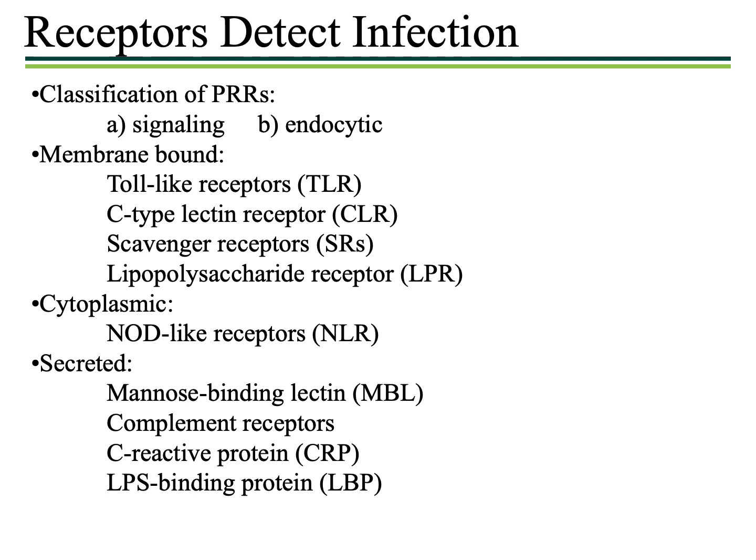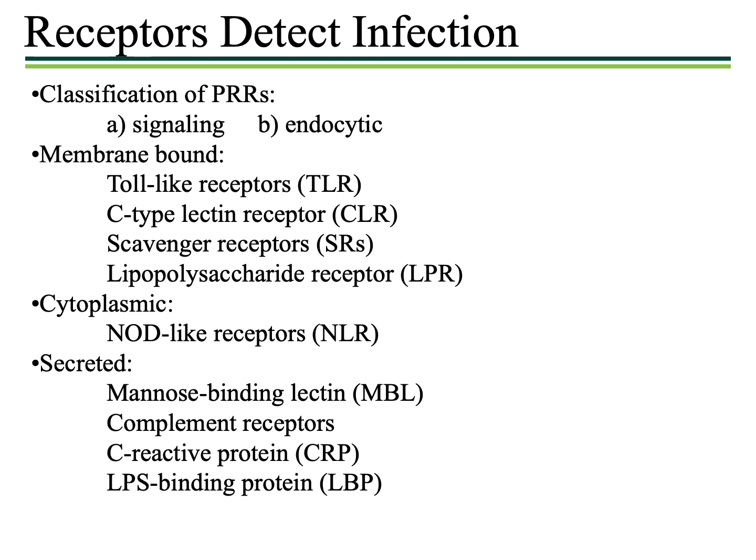The two ways that PRRs can be categorized are either by their function, like you see at the top, meaning that they are involved in some type of signaling event for A, or B, involved in endocytic events, which means leading to phagocytosis. So either the PRR allows for a signal to be received and initiated in the cell, or it triggers phagocytosis. And in some cases, it actually does both.